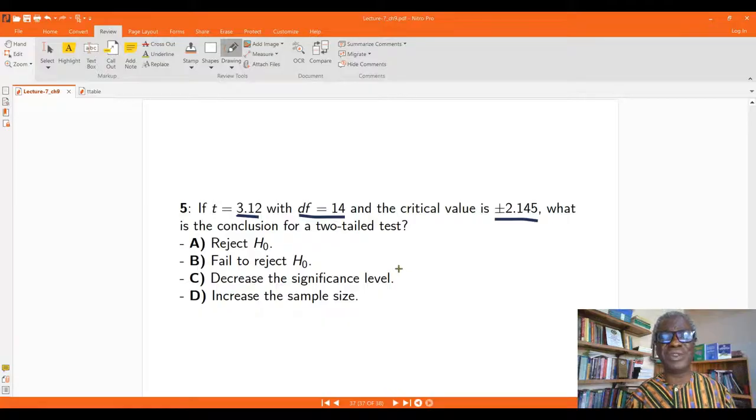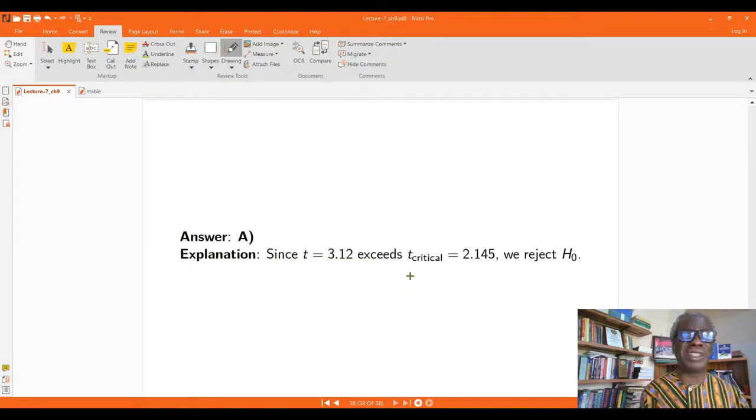This is about conclusion, so you have to rule these two out. The correct answer is A. Since the t calculated, which is 3.12, exceeds the positive tail, which is 2.145, we reject the null hypothesis.